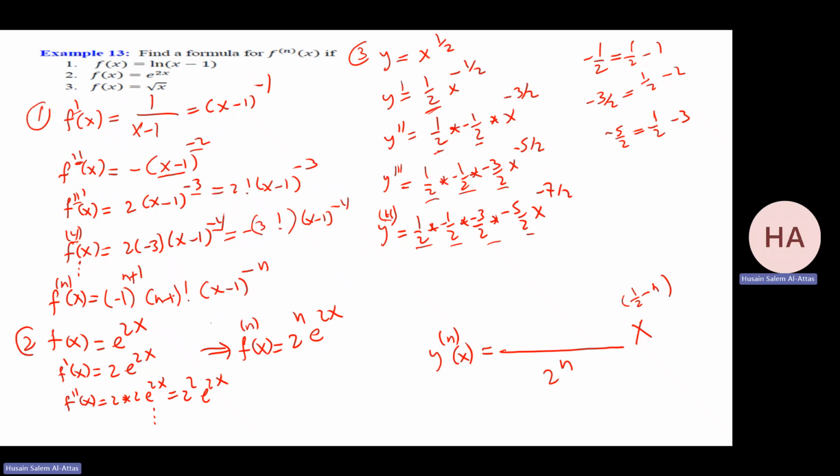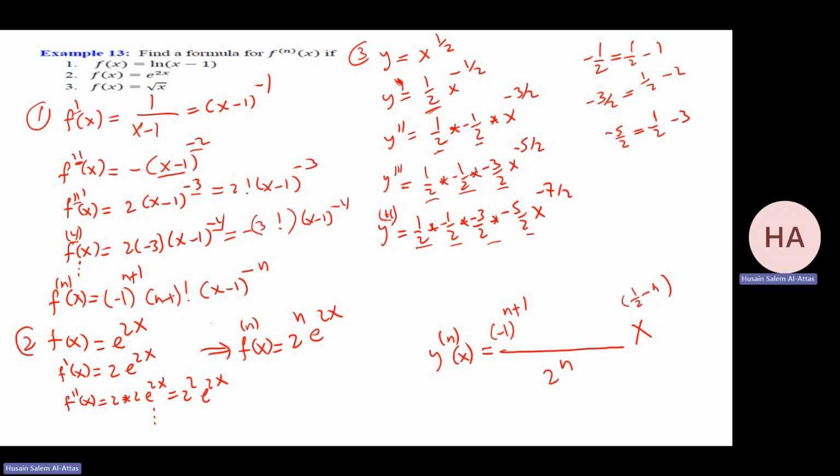Now it comes to the numerator. Let me deal with the sign first. Positive, negative, positive, negative, so it will be minus 1 to the power n plus 1. With the even, it's negative. With the odd, it's positive.